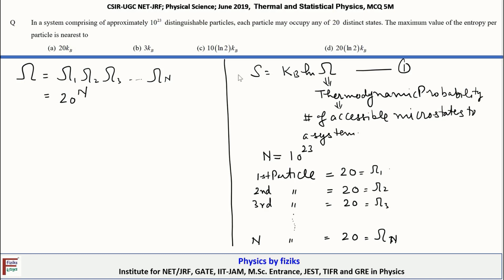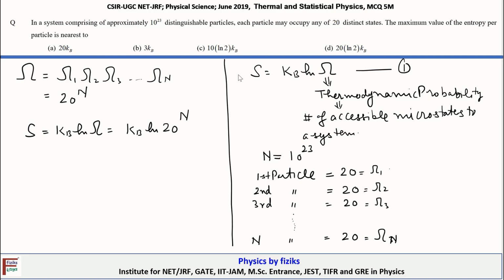Now by making use of relation 1, S is equal to Kb ln omega, which is equal to Kb ln 20 power n.